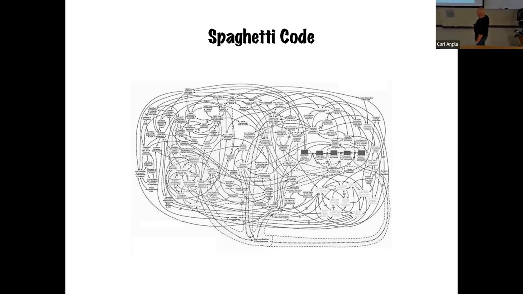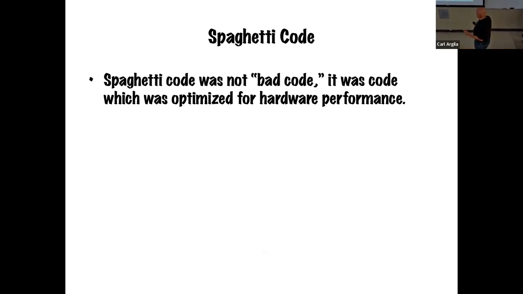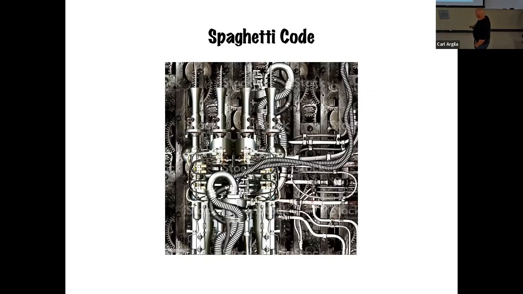attempting to maximize computer efficiency and performance. By the way, spaghetti code in hardware looks something like this. I'm sure all of you will recognize this as Doctor Who's original TARDIS.